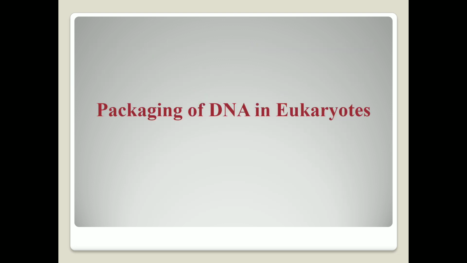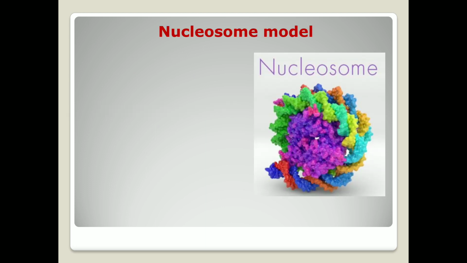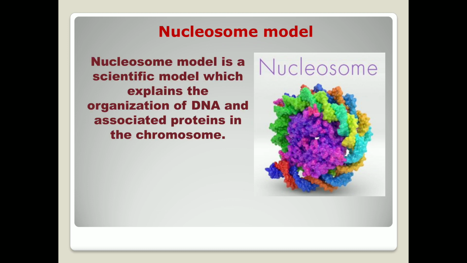Coming to packaging of DNA in eukaryotes, the nucleosome model explains the packaging mechanism in eukaryotes, and it is a scientific model to explain the organization of DNA and associated proteins in chromosomes.